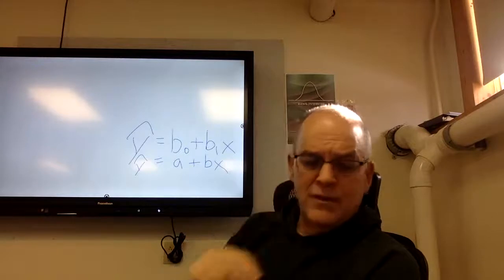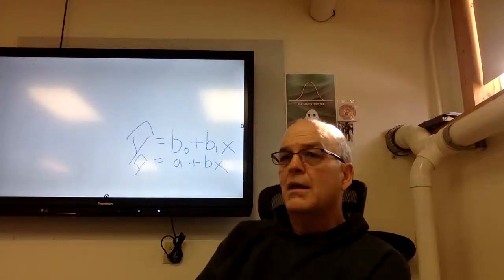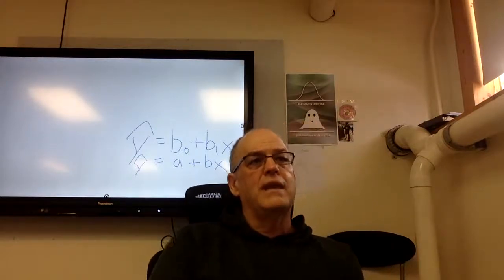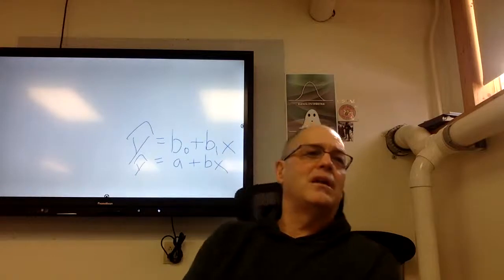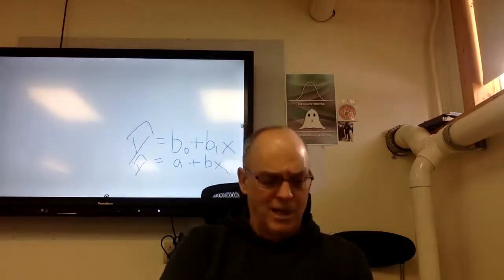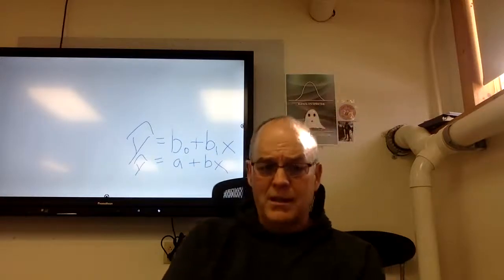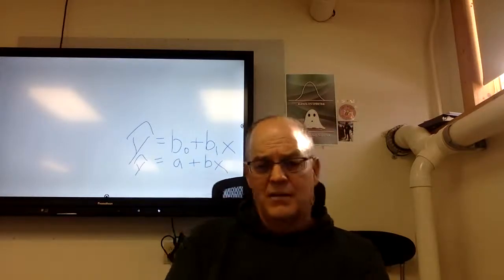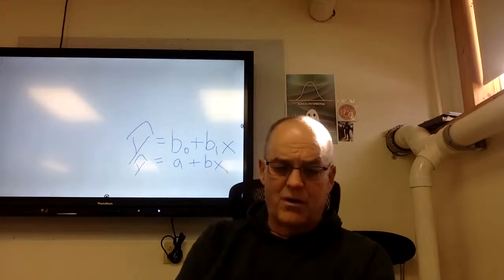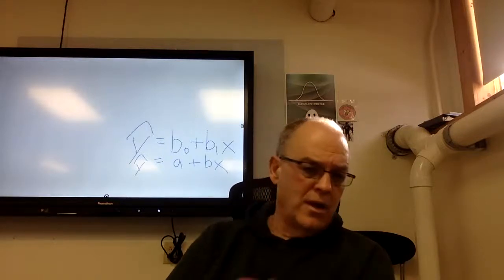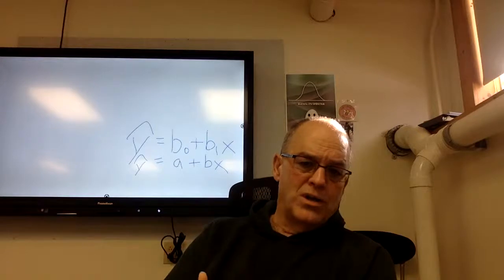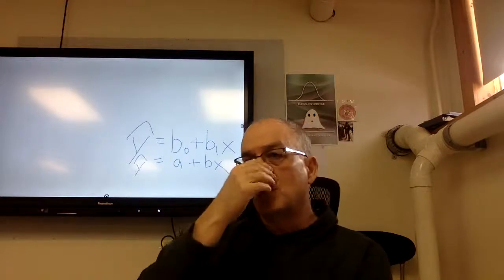Final point is know the two variables. The x variable, which is the independent variable in science, is called the explanatory variable. The y variable, which is the dependent variable in science, is called the response variable. Know those two variables. A question might be which one is which.